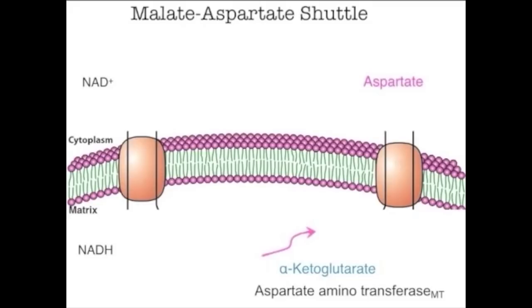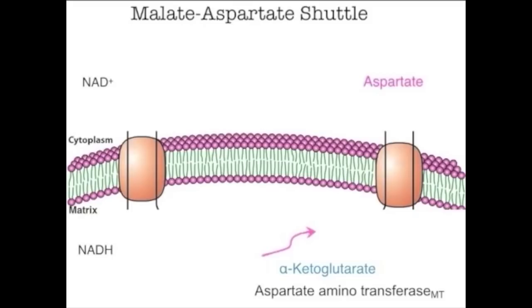But let's go back to the mitochondrial matrix for a minute. We took the amino group off of glutamate. This is the alpha amino group. And when we do this, we change glutamate into alpha ketoglutarate. 5 carbons in glutamate, 5 carbons in alpha ketoglutarate.